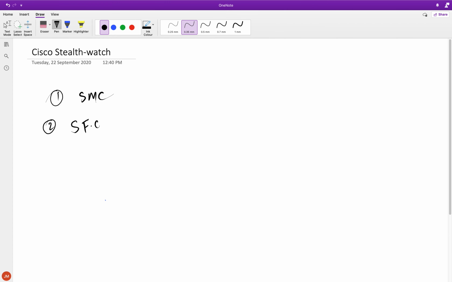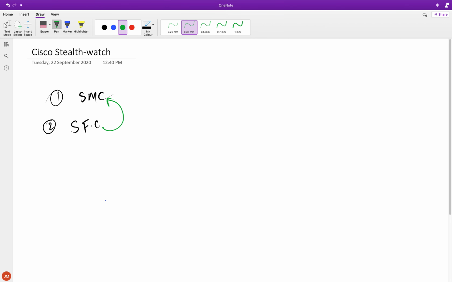The flow collector will do the analysis and then send the information up to the SMC, where you can see all your alerts and anomalies and stuff like that. Again, you will find the flow collector in different form factors, virtual and hardware, physical as well.